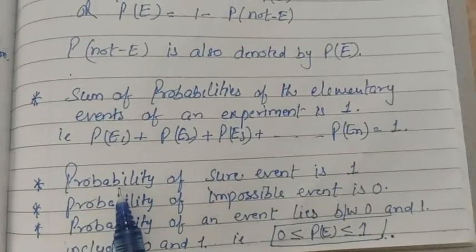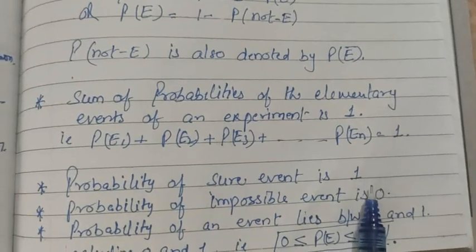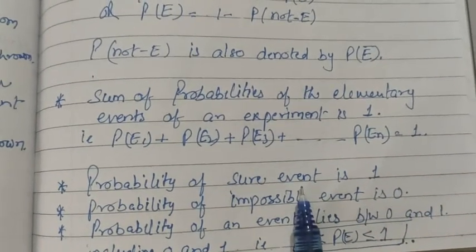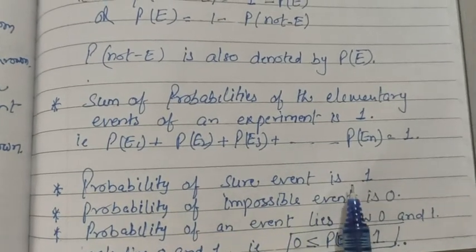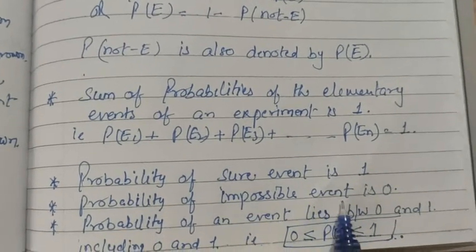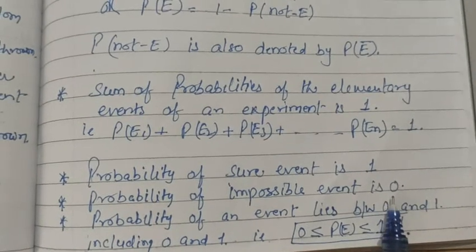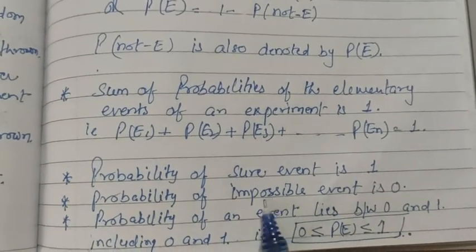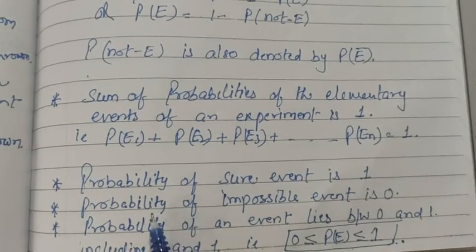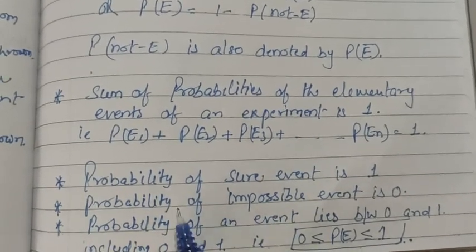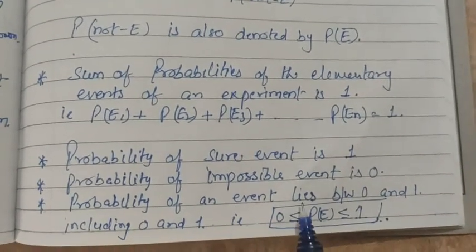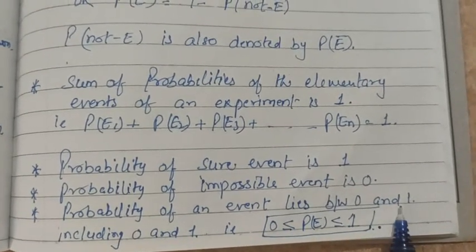Next, the probability of a sure event is 1. A sure event is what we consider as 80 to 100%. So the probability of a sure event is always 1, and the probability of an impossible event is 0. Practically we consider 0 to 20% for an impossible event. So the probability of an impossible event is always 0, and the probability of an event lies between 0 and 1 always.